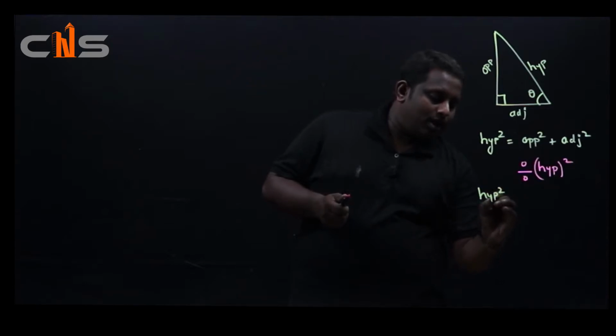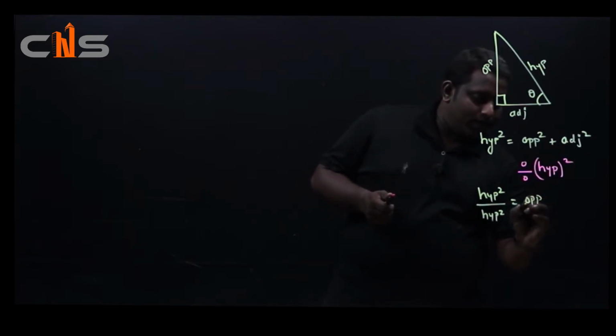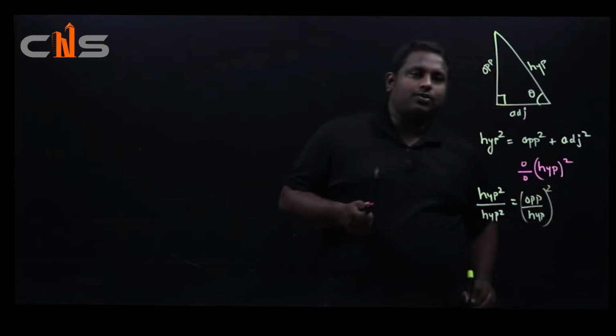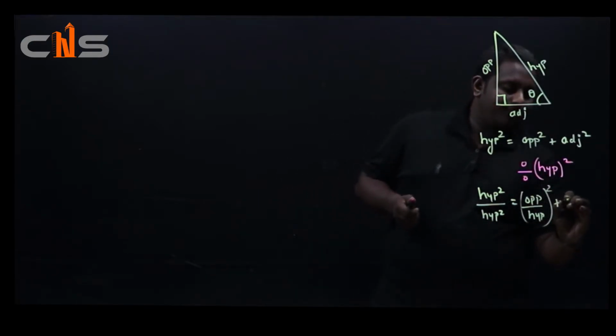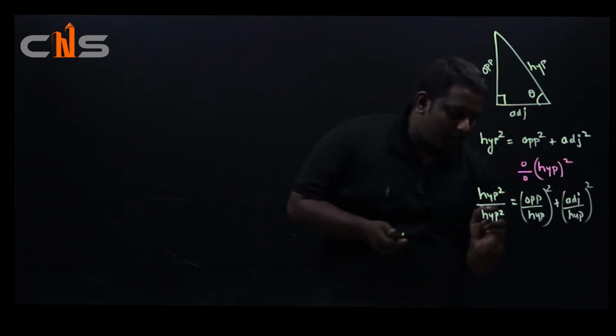Hypotenuse square divided by hypotenuse square equals (opposite by hypotenuse) whole square plus (adjacent divided by hypotenuse) whole square. So what happens here?